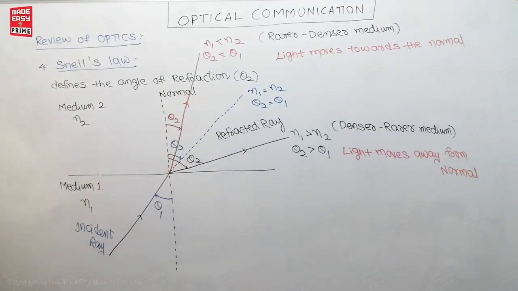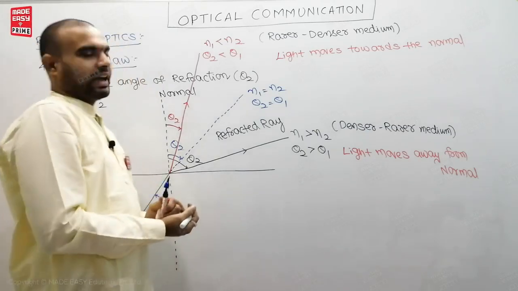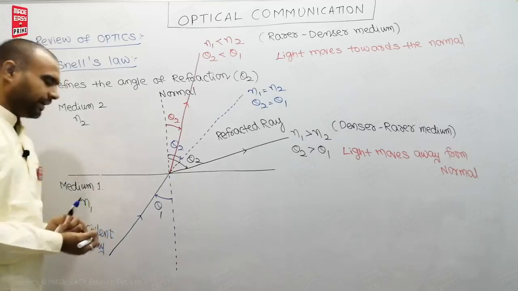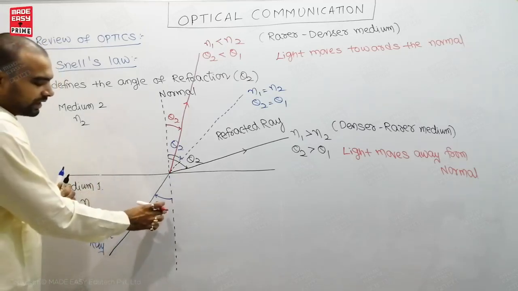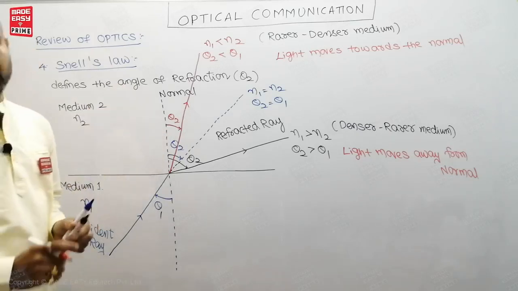Now Snell's law is used to tell about this angle of refraction. Snell's law always gives the relation between refractive index and the angle of incidence, or refractive index and the angle of refraction.